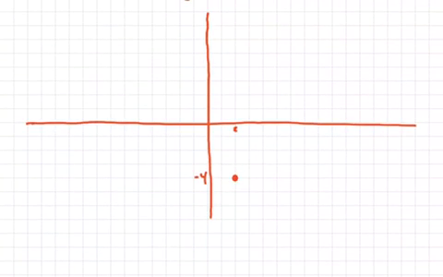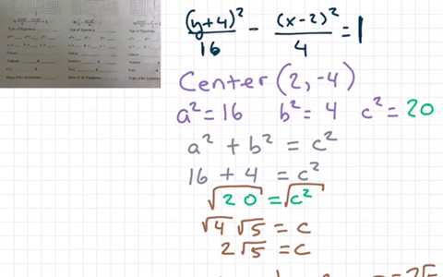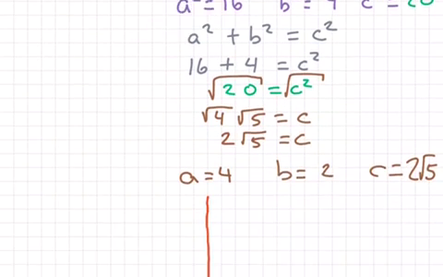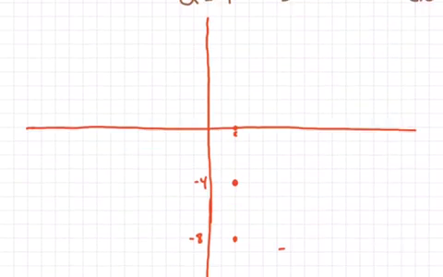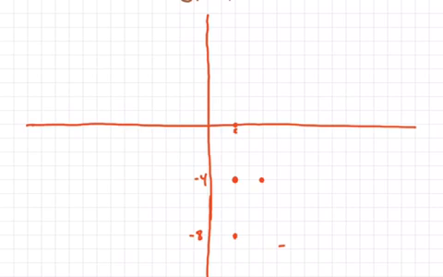So I go up 4, and then I go down 2, 3, 4. So, what about with the X? You go to the right 2. Yeah, so it's B, so we go to the right 2, to the left 2. Okay? And then we make our little box.